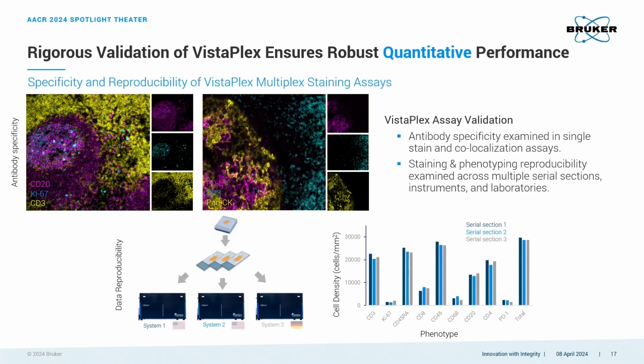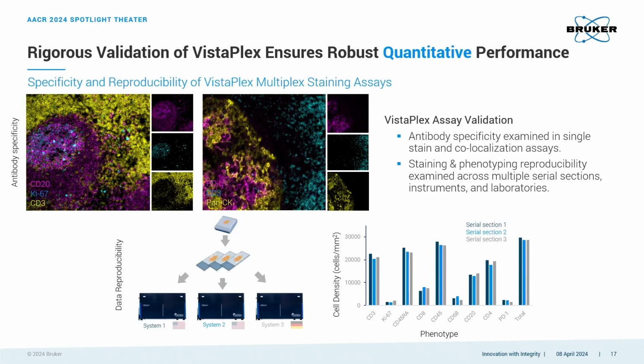But then we go through a lot of trouble, actually, to look at the robustness of the assay and the repeatability. And you can see in the little schematic there on the bottom left, we have several blocks in the lab that we know quite well, that we've characterized well. We cut them and we send serial sections to multiple sites to run on multiple systems with multiple operators.